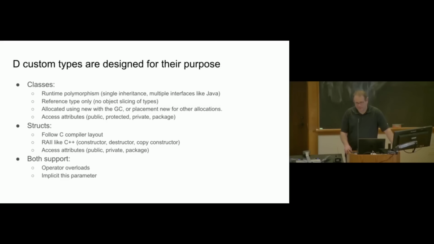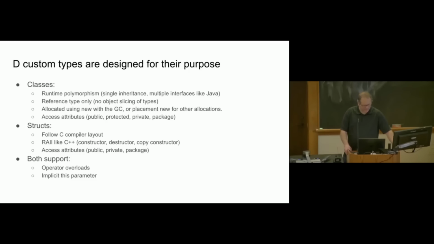Structs follow the C compiler layout, so the C compiler that's native to your system will lay out the structs the same way, so you can actually define the same structs that are used in C and use them, no problem. You can just call C functions with those.